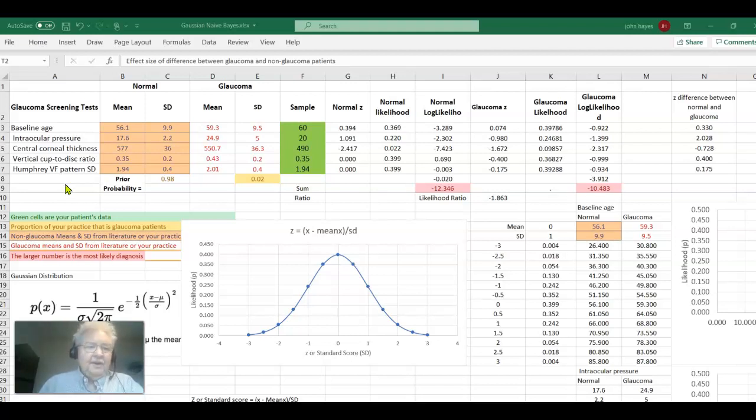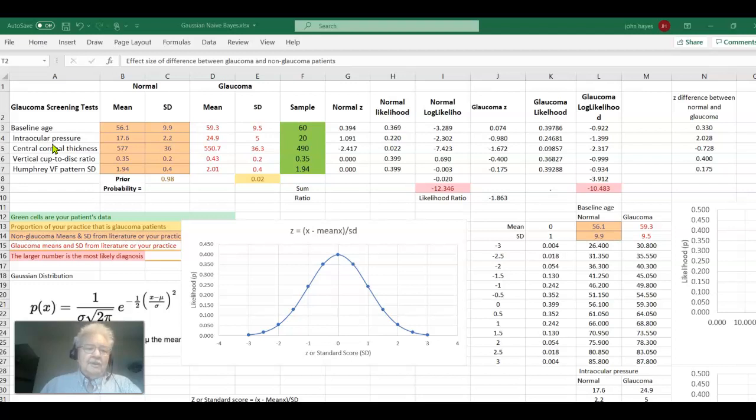Now, some of the common ones are the age of the person. The older you are, the more likely you are to have glaucoma. Intraocular pressure, that's IOP, pressure inside the eye. If you see a patient you think is developing glaucoma, or even if they have glaucoma, the way you treat it is by giving drops that reduce this pressure.